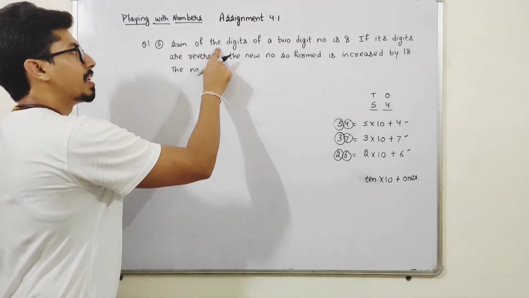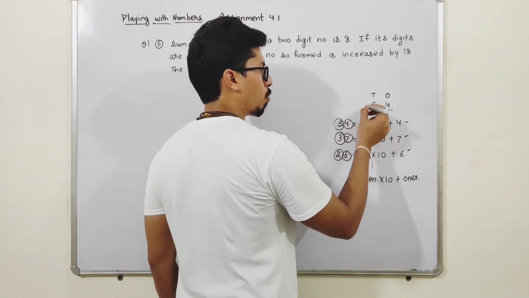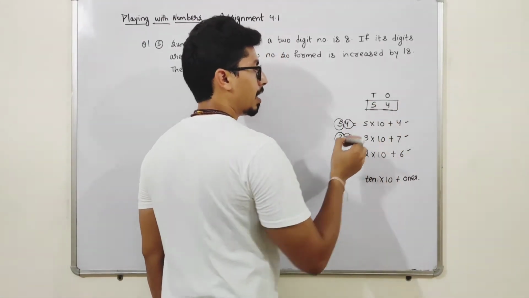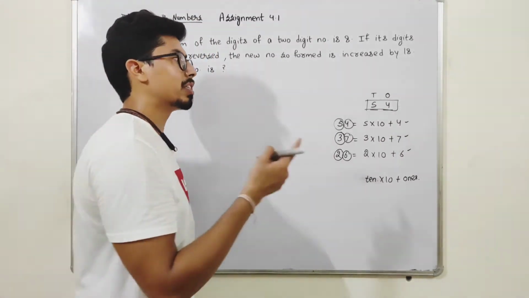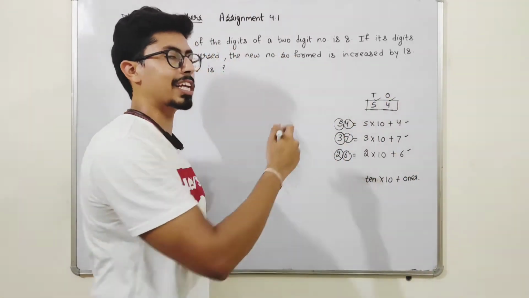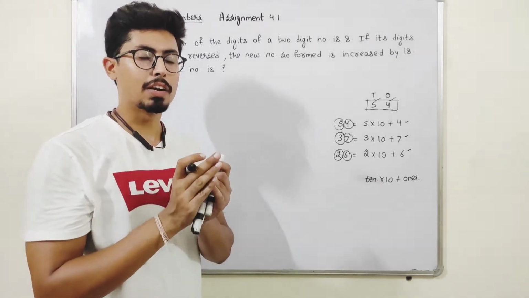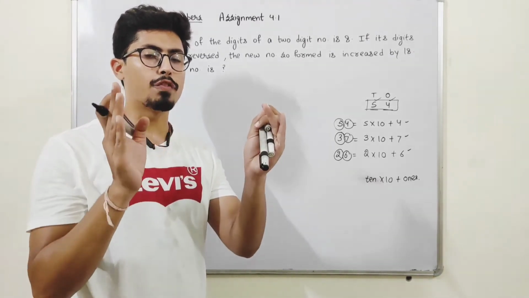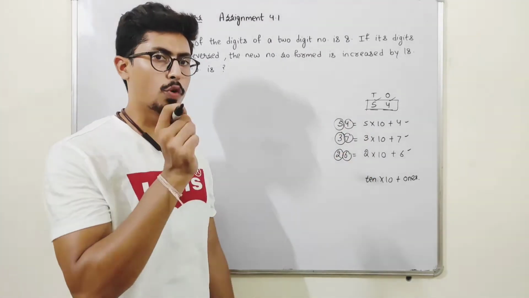See, sum of the digits. If I take 54, this 54 is a number. But if I take 5 and 4, the tens place and the ones place, these are digits. If I combine them, it will be 54, and 54 is a number.